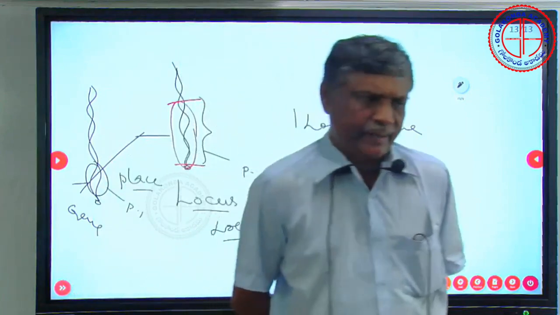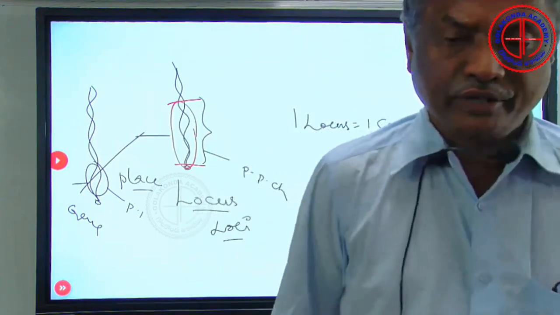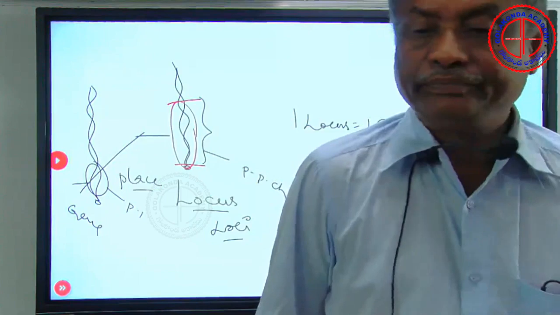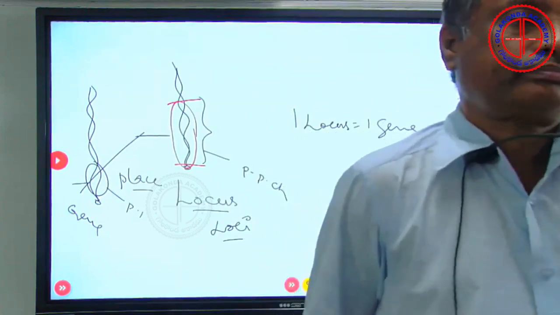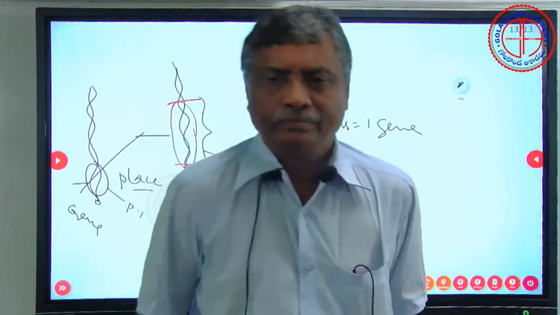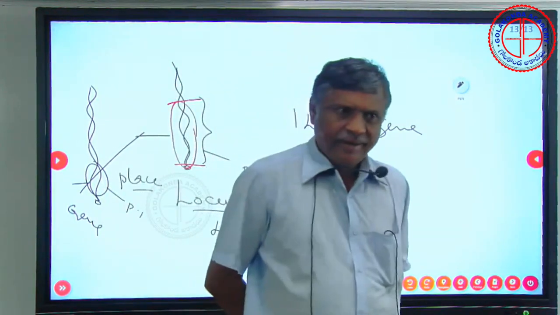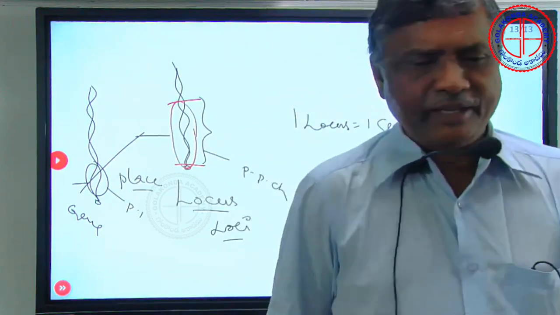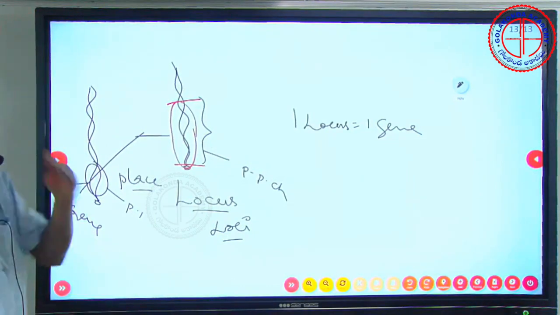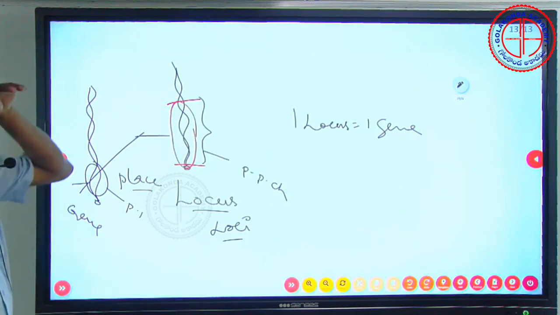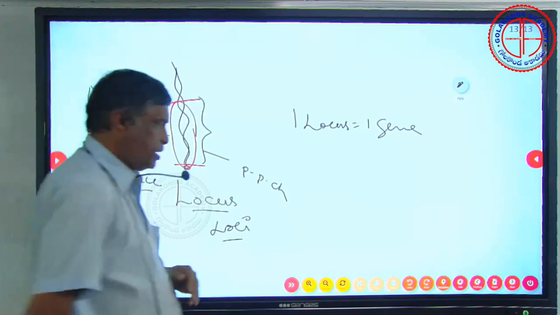At that time, the locus is called loci, L-O-C-I. Loci is the plural number for locus.